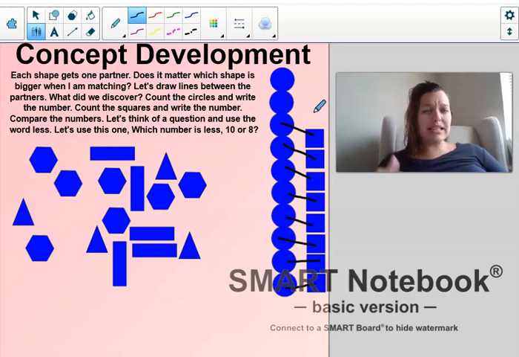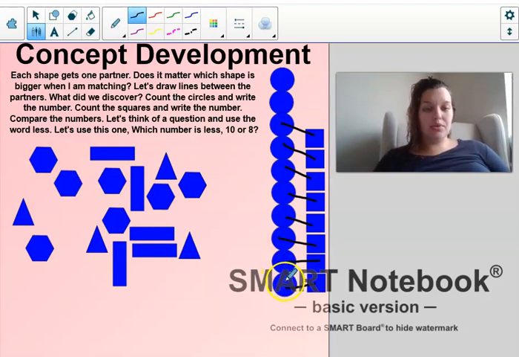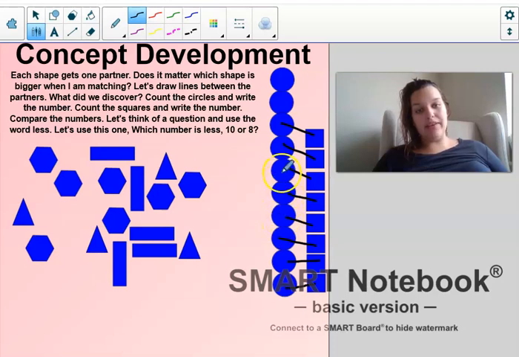Just to check our work, let's count our circles. 1, 2, 3, 4, 5, 6, 7, 8, 9, 10. So I have 10 circles. I'm going to write a 10 down here. And how many squares do I have? 1, 2, 3, 4, 5, 6, 7, 8.